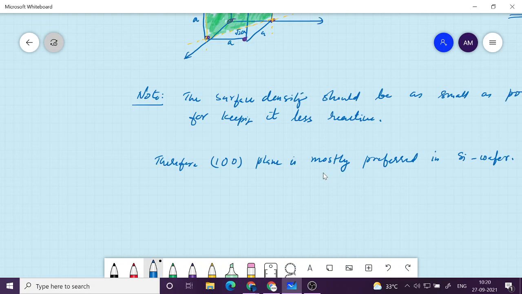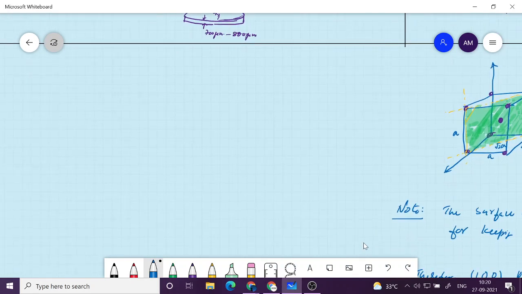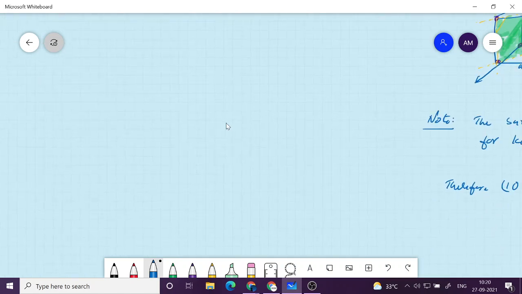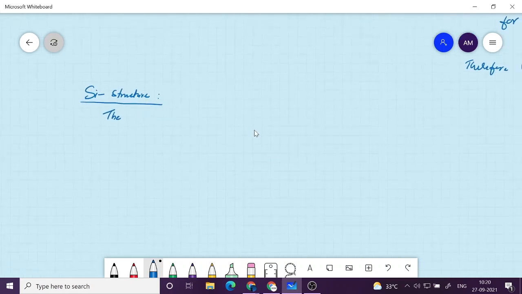Now I did not tell you the structure of silicon. So now let's go to the structure of silicon. Silicon is the single most important material that we will use in this course to make devices, and therefore we need to know the structure of silicon very well.